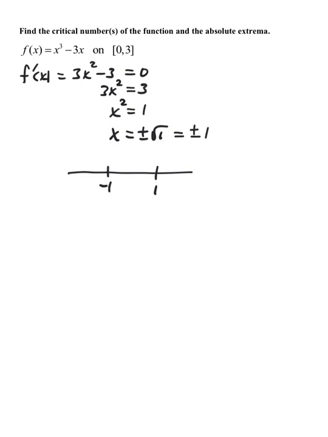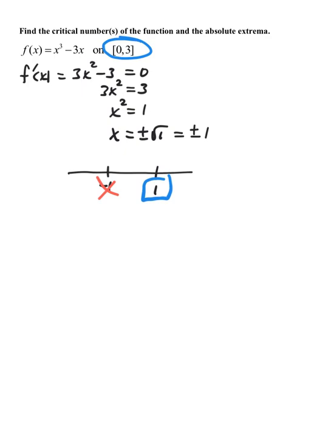If you have a closed interval, like we have 0, 3, this number is not in that interval. So we only have to investigate this critical number and the endpoints of the closed interval given. So we're going to calculate f of 0, 1, and 3.